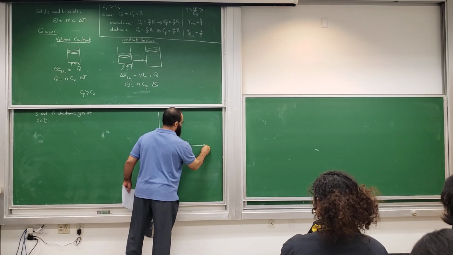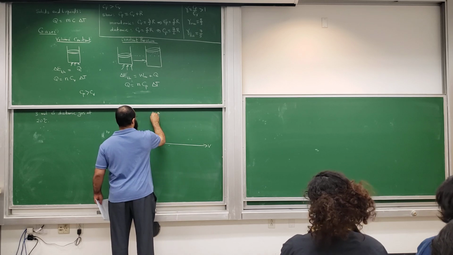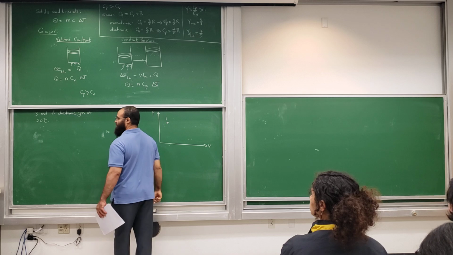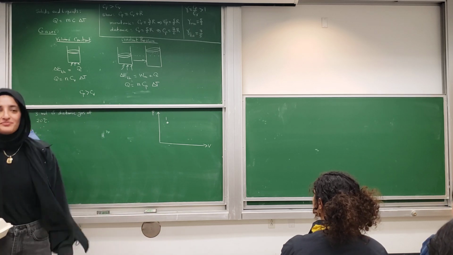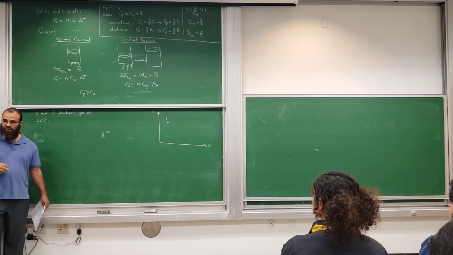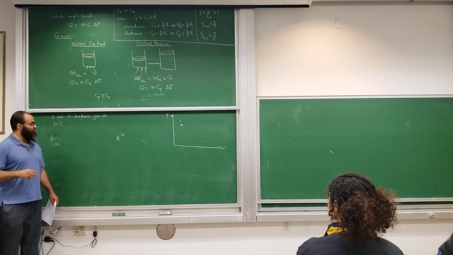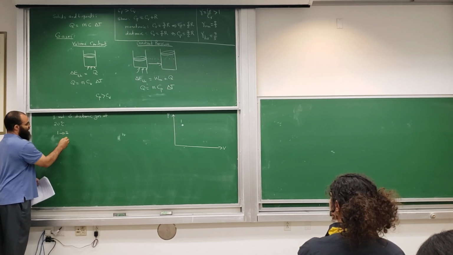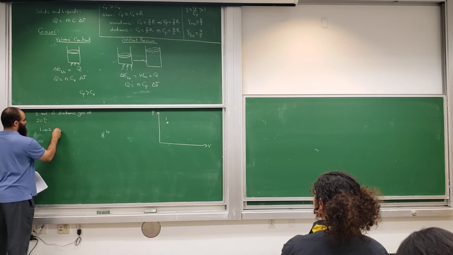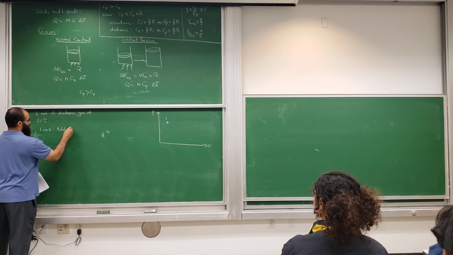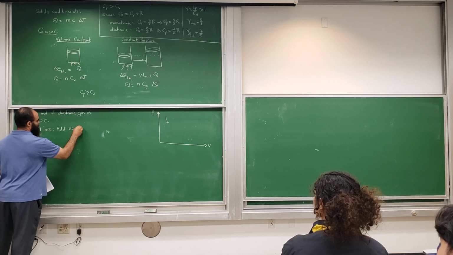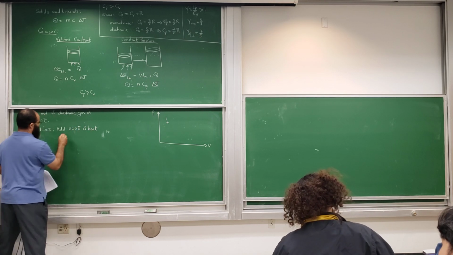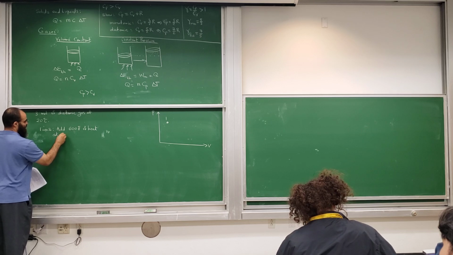We're going to do the following to it. Here's the PV diagram. Gas is here. This is state 1. What we're going to do to the gas, from 1 to 2, it's going to be isobaric.